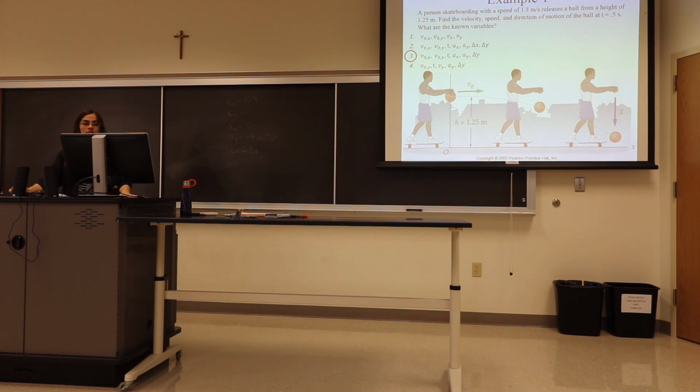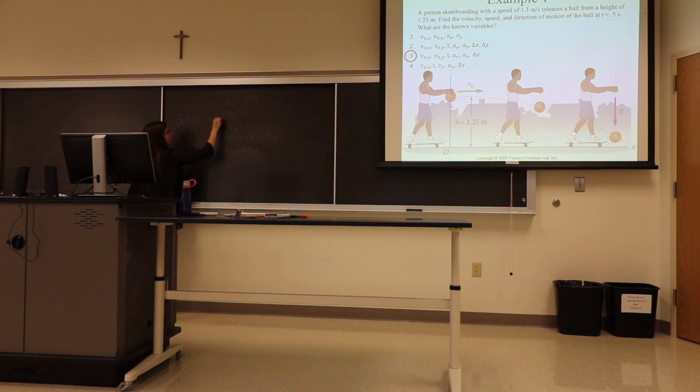Why is your acceleration always 0? Because gravity only acts in the y direction. If you think about the acceleration vector, whenever it's in free fall or projectile motion, it's going to be 0 i hat minus 9.81 meters per second squared j hat.